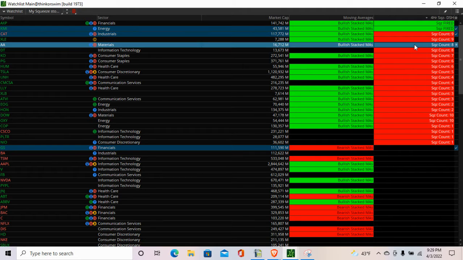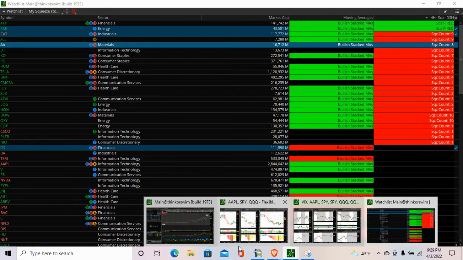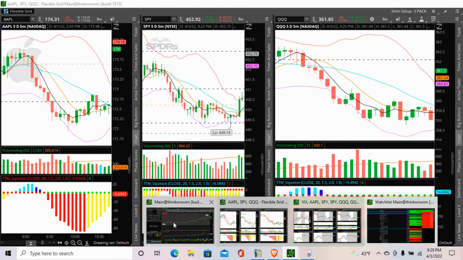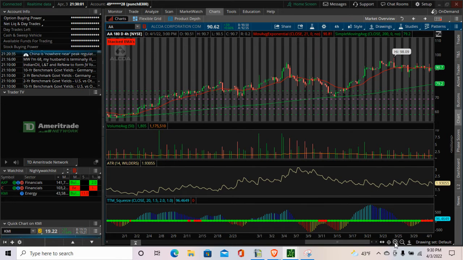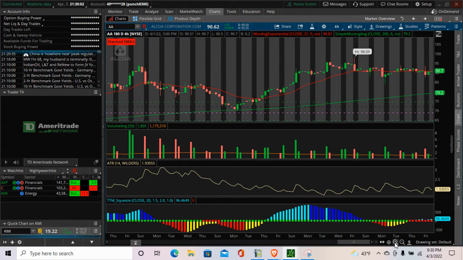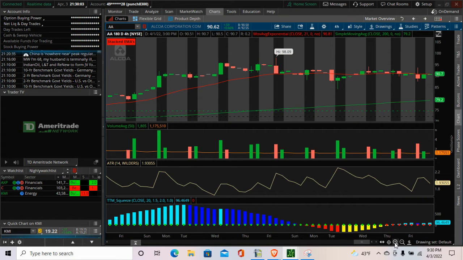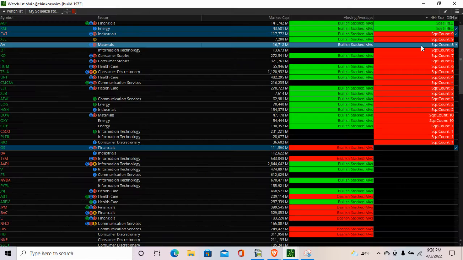And this is probably a better example here for Alcoa. So this would count 1, 2, 3, 4, 5, 6, 7, 8, and this would match up to the 8 count on Alcoa.